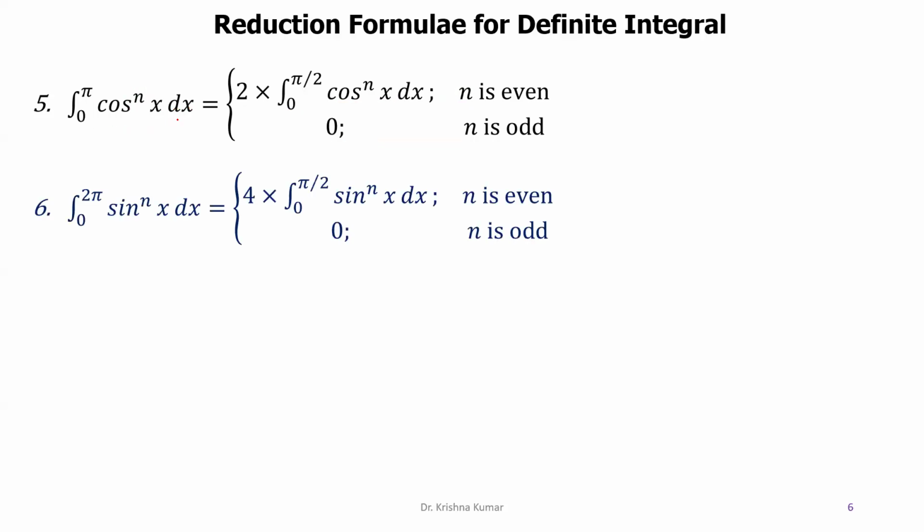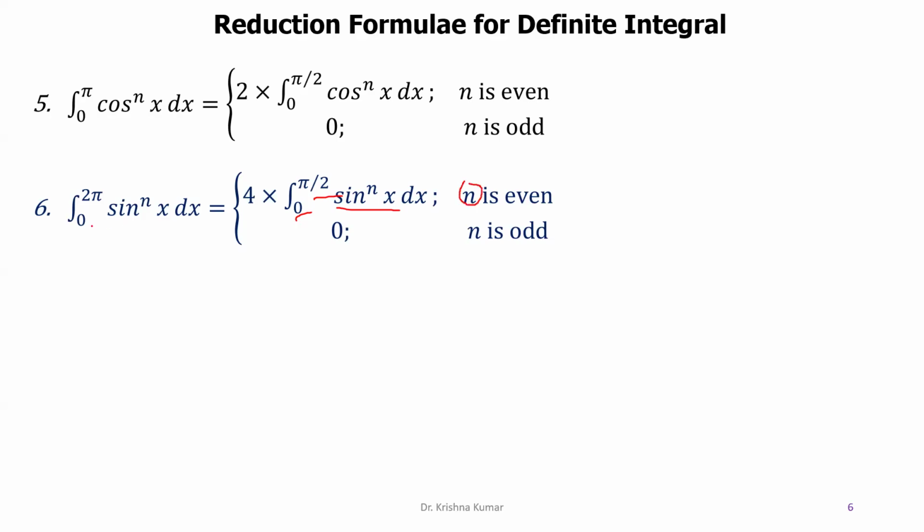The next formula concerns the integration of sine to the power nx under the limit 0 to 2 pi with respect to x. This is 4 times the integration of sine to the power nx with respect to x under the limit 0 to pi by 2 when n is even.